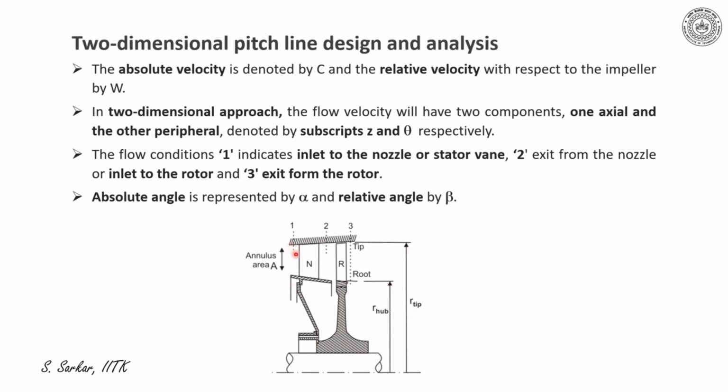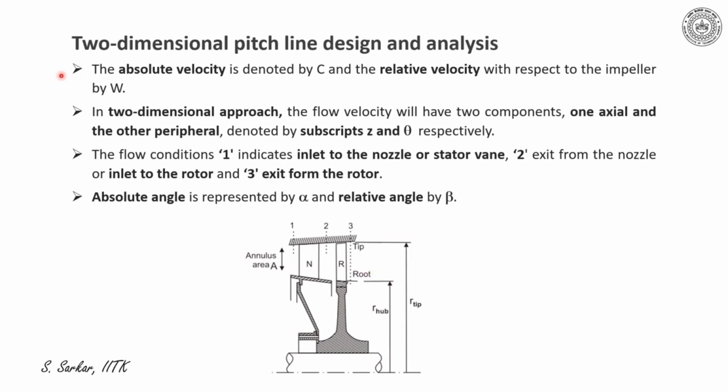I have also indicated the annulus area by A and indicated three sections as 1, 2, 3, where 1 represents the flow conditions before entry to the nozzle or stator ring. 2 represents the flow conditions from exit of the nozzle or entry to the rotor, and similarly the condition 3 indicates the exit from the rotor.